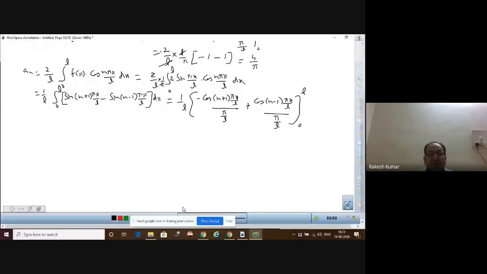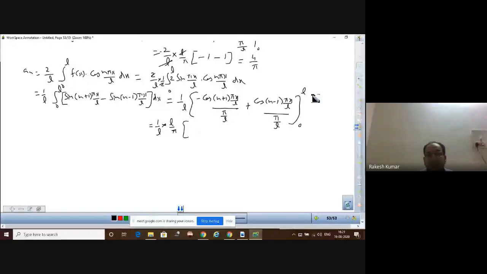You can substitute the values of the limits. That is 1 by L is there. Pi over L is common in the denominator, and it can be taken out, and that will become L over pi.